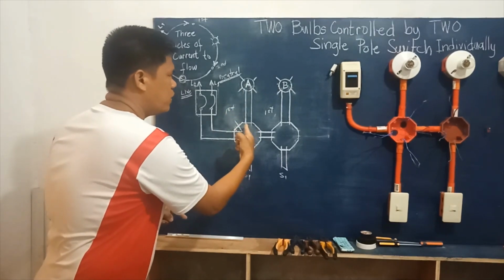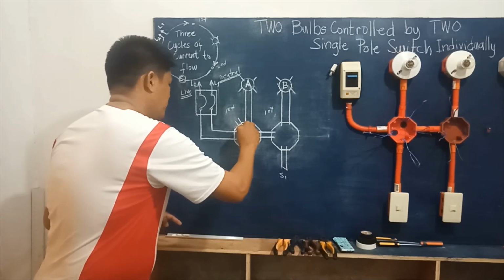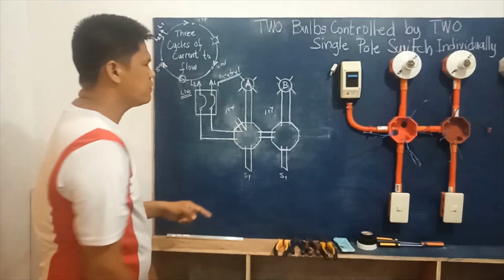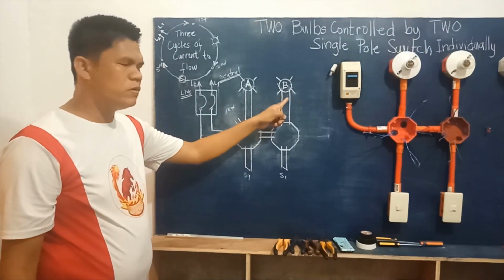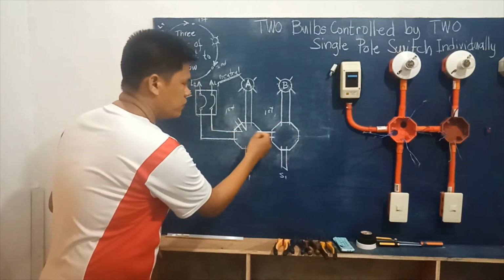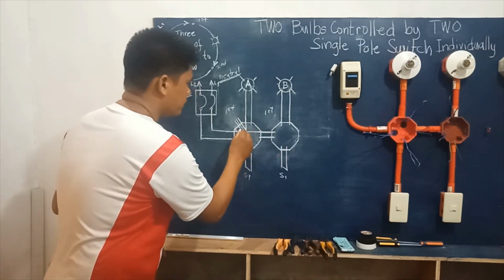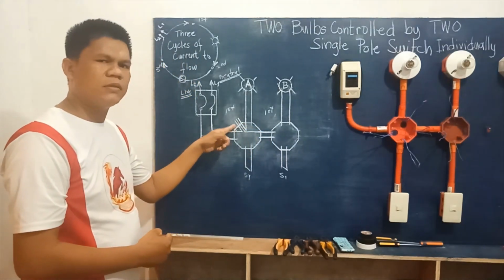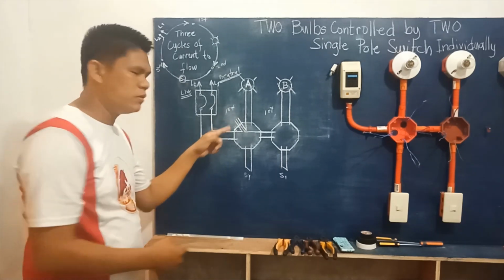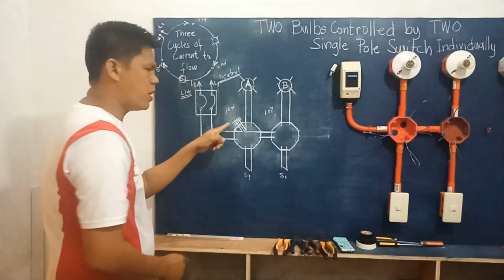So we have one load coming from the terminal of the bulb, that way. Then, to supply the other load for the first cycle, we will use one of these wires here. We will just connect right here. So we have three wires already connected in the first cycle, in the first part of the circuit. So we have one, two, three wires already.